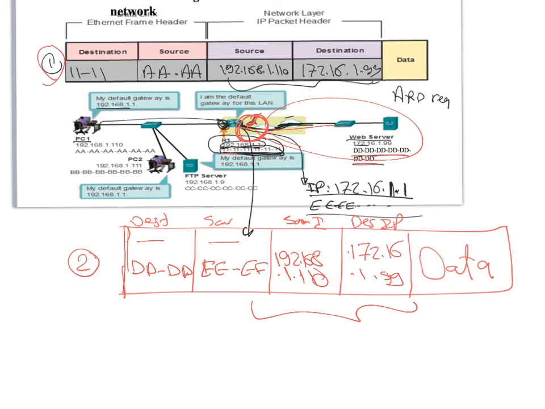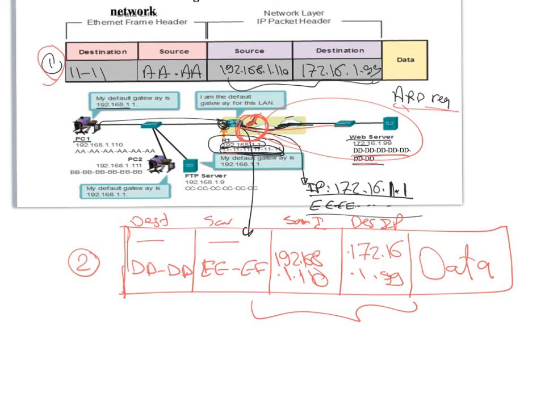Clear? When can we use the IP address of the router, 1.1? Only in the ARP request. The ARP request is just a prerequisite step for me to learn the physical address that corresponds to the default gateway's IP address.